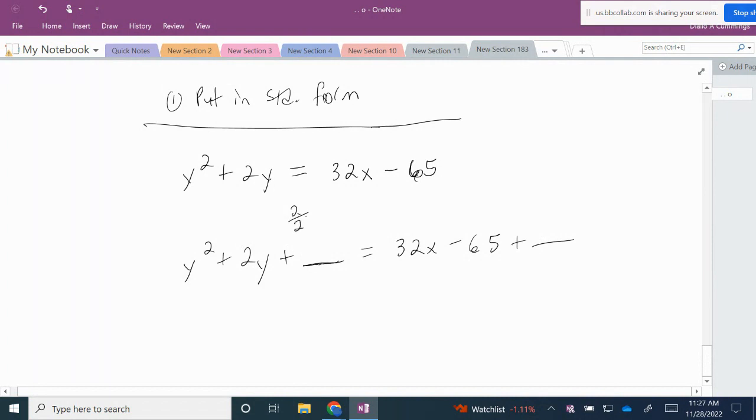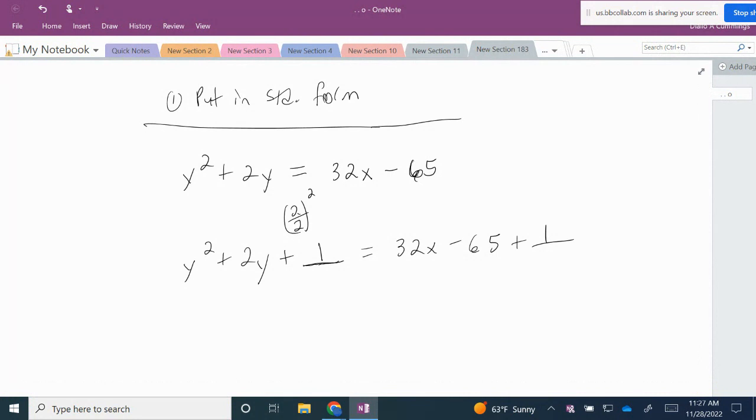I'm going to divide that in half, and then square it. So 2 divided by 2 is 1, and 1 squared is 1. Since I added 1 to the left-hand side, I must also add 1 to the right-hand side. So that's completing the square: you take half of the coefficient of the middle term, so half of 2 is 1, and then you must square it. Whenever you complete the square, you force a perfect square trinomial.